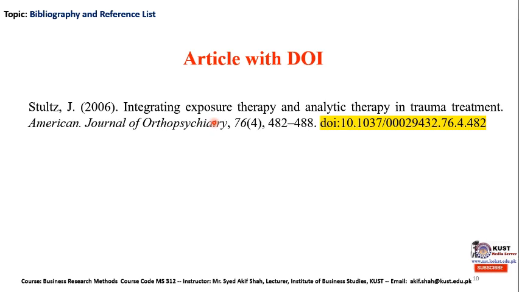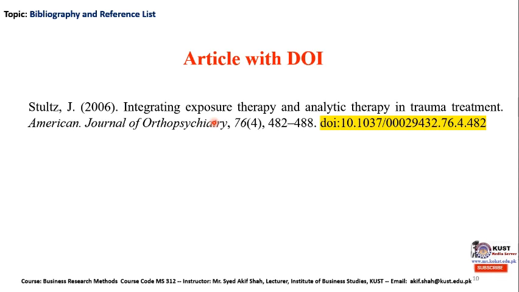This is a very important article with a digital object identifier, DOI number. There is an international organization named the International Digital Object Identifier Foundation. The task of this organization is to assign a digital number to books and research articles.